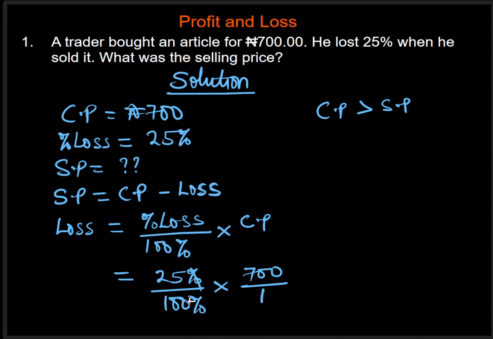We have this will cancel, 0 0 and 0 0. What that will give us is our loss being 175 naira.